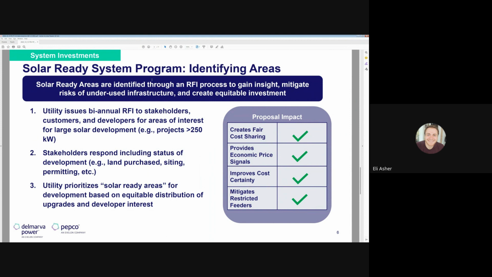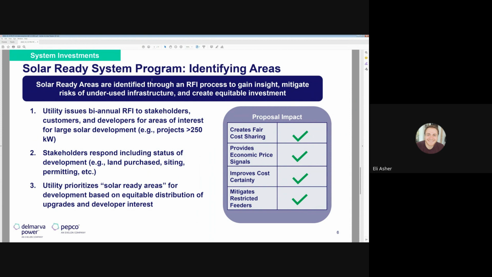It sounds like the process to make that determination is exclusively based on the RFI and is pretty much solely dependent on the information that you receive back from the stakeholders and developers who respond to the RFI. And I assume the goal is to say, where are developers seeking to interconnect on the system, running some type of analysis to say, if they deploy all of these DER in this area, how will that impact the grid?